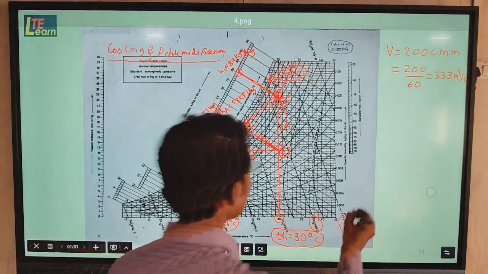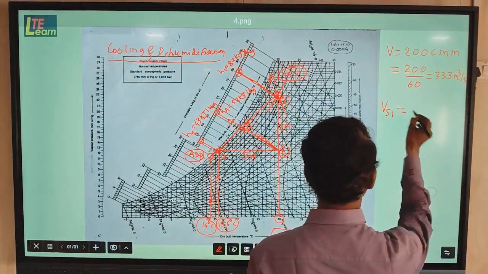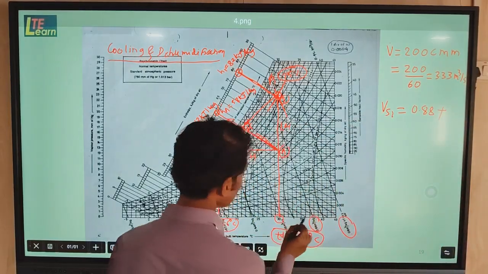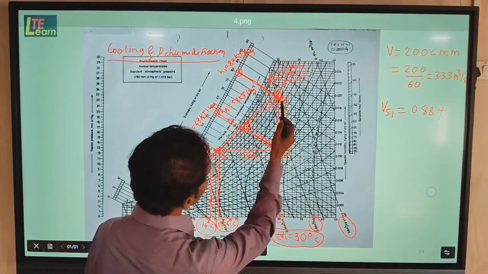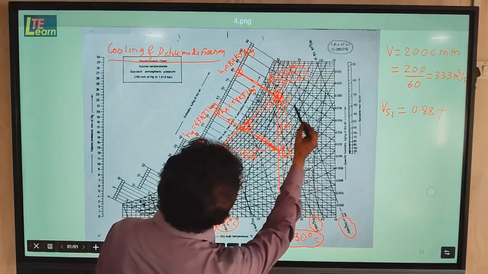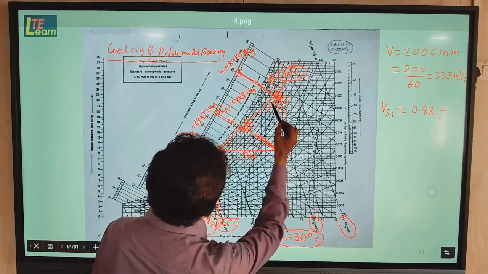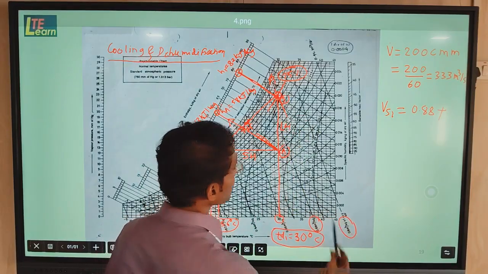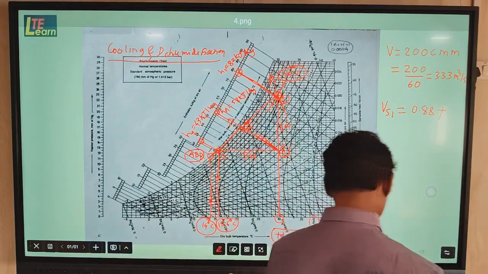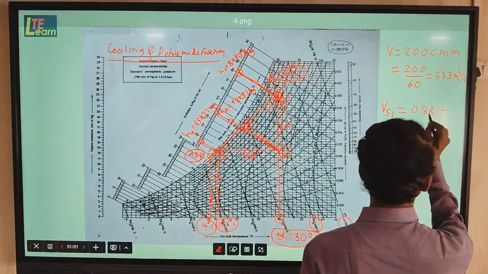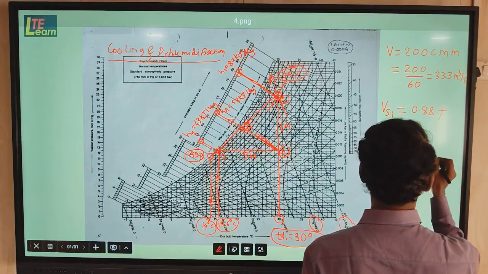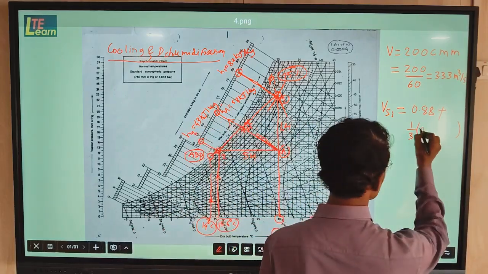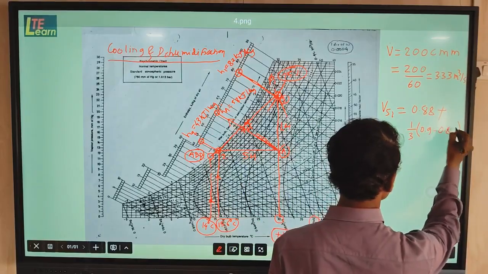So to find VS1, it will be 0.88 plus, beyond that specific volume line, this point 1 is approximately at 1/3 distance between these 2 lines. So we can find the specific volume in this way: 0.88 plus 1/3 times the difference of these two specific volume lines, 0.9 minus 0.88.